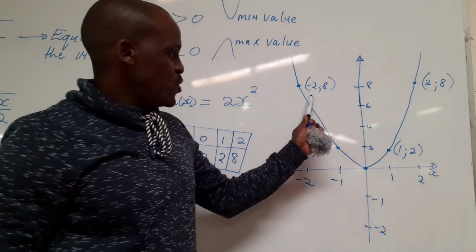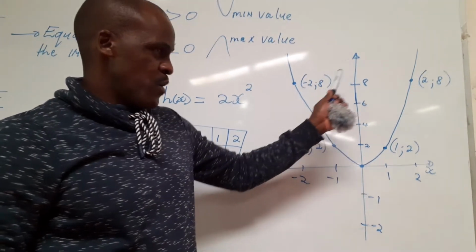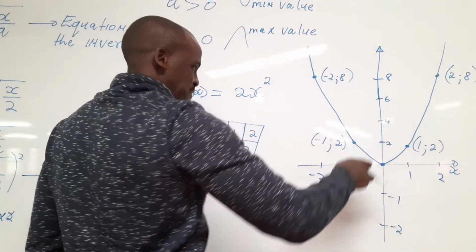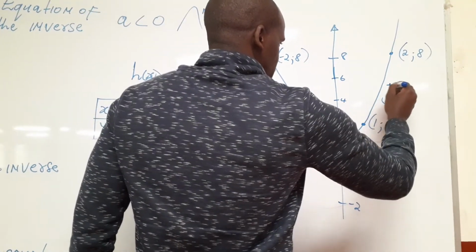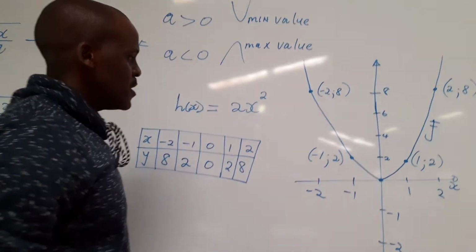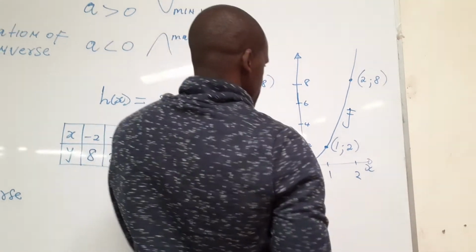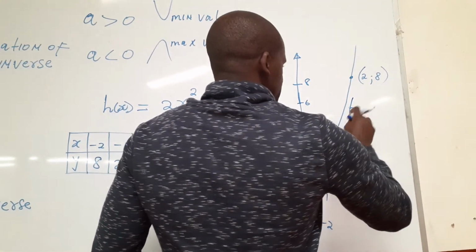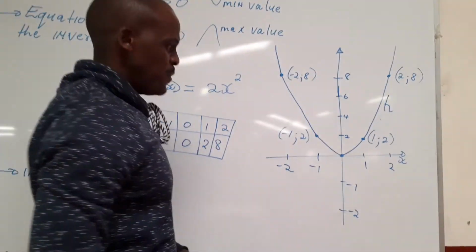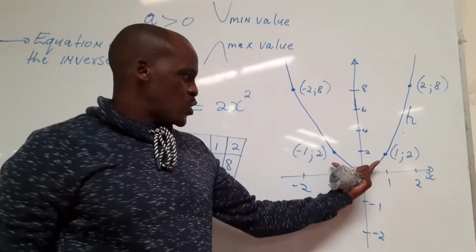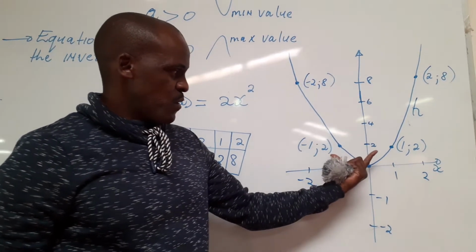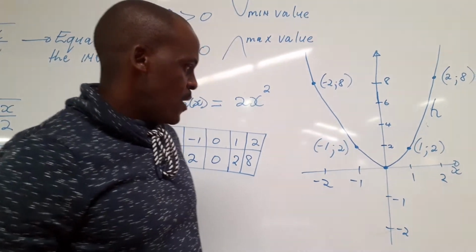We've got two different values of x for one value of y. That means this is not a one-to-one function. It's a function of h, simply because we've got two values of x for one value of y.